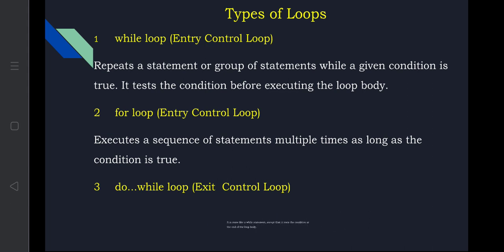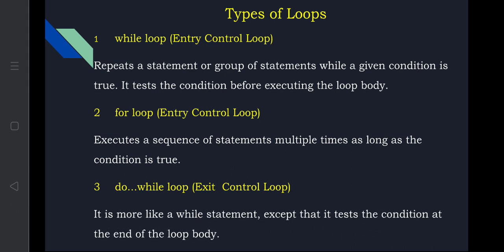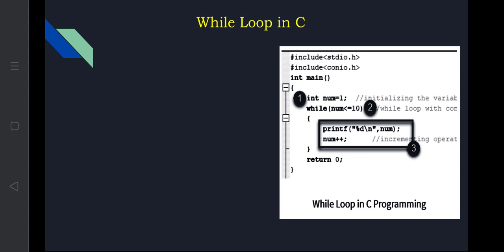So this do while loop is called an exit control loop. That means it is almost like a while statement, except the difference is that it tests the condition at the end of the loop body. So this may be a one word question: how will you differentiate between the while loop and the do while loop? Okay, and let us see the different types of loops with examples.